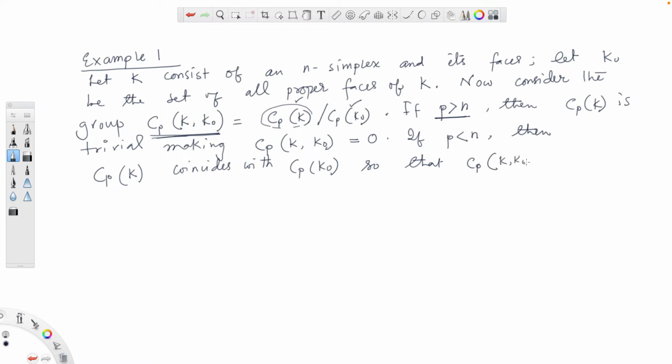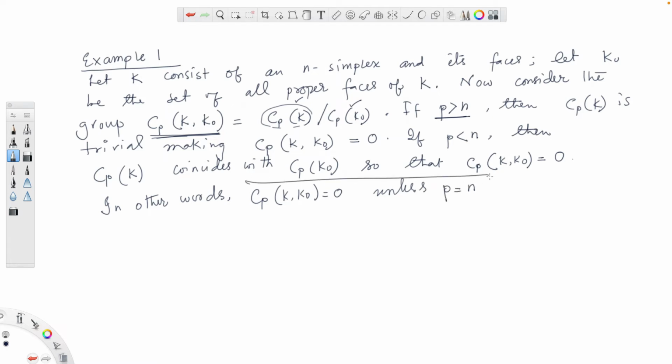C sub p of K comma K0 is equal to 0 again. Okay, so we thus have seen that C sub p of K comma K0 is equal to 0 unless p is equal to n.